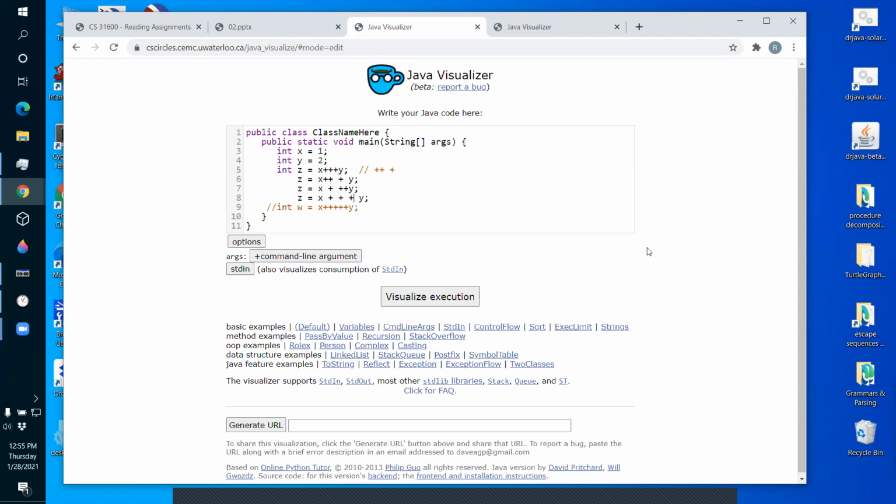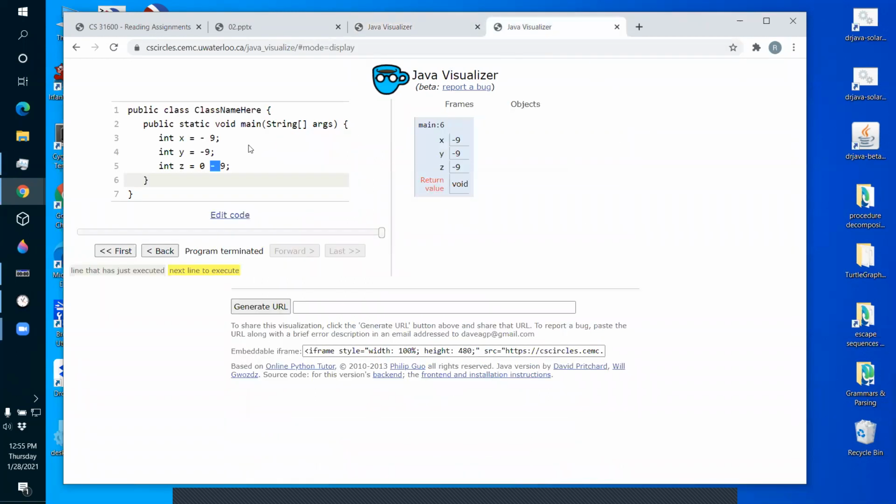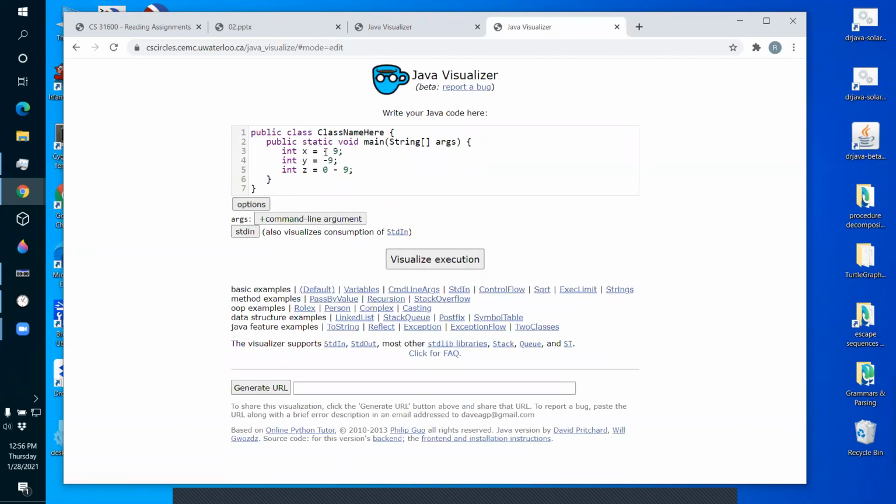This is the positive operator, which is the complement of the negative operator. The negative operator takes a number and negates it. What does the positive operator do? It takes a number and does what to it? If this takes a number and negates it, what do you think that does?